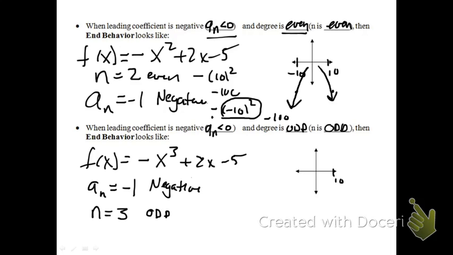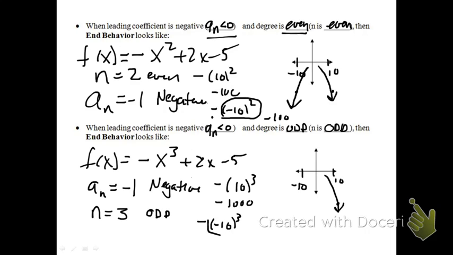If I plugged in a very big value of x like 10, would you agree we're going to get the opposite of 10 to the third? That would be just negative, what, 1,000? So that would be way, way, way down low down here. That's going downwards, right? If I were to plug in a number like negative 10, I'd have the opposite of negative 10 to the third.